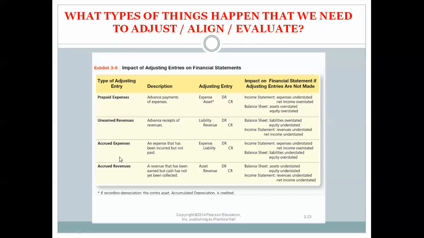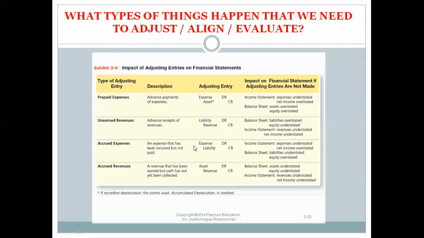The next type of adjusting entry is accrued expenses. This is an expense that has been incurred and not paid. Where could we find that? Well, perhaps, remember that secretary we hired? She had been working, and maybe we're not going to pay her until the next accounting period, but we need to record in our books that we owe that secretary money for her work.